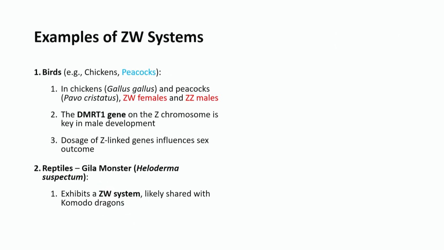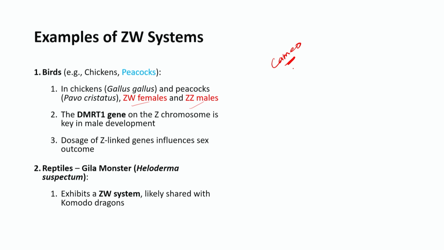So let's take the example of the ZW system. In the case of chickens and peacocks, we have these ZW females and ZZ males, right? And this one beautiful gene, this cameo, because of which the peacock gets these brown feathers, brown plumage.